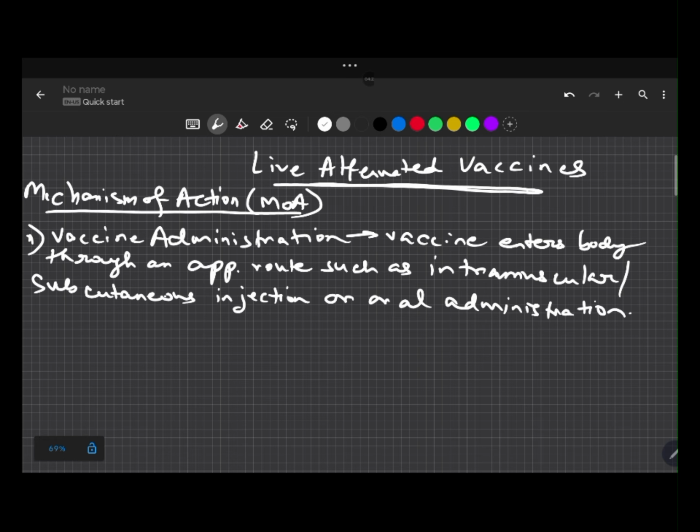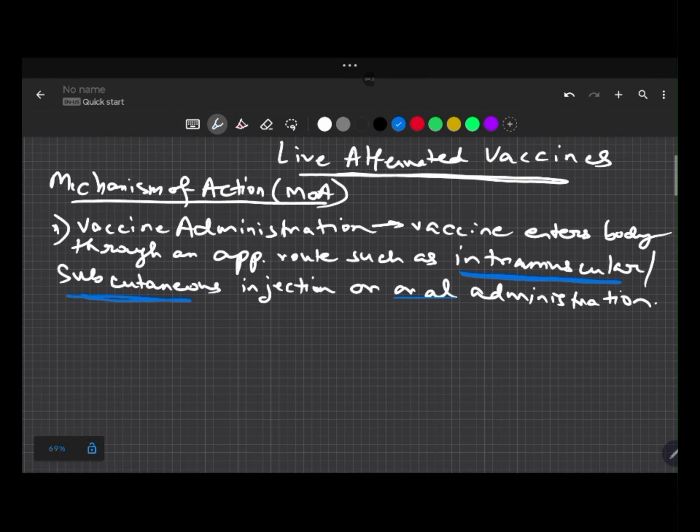So this is how you make the vaccine enter your body. Here I will give you some examples, like oral polio vaccine, OPV, which is administered orally. The MMR vaccine is administered subcutaneously. These are all live attenuated vaccines.